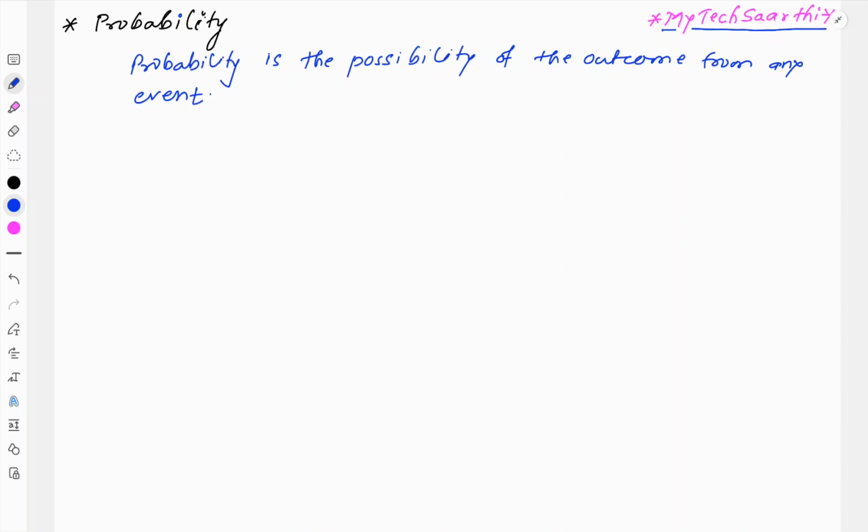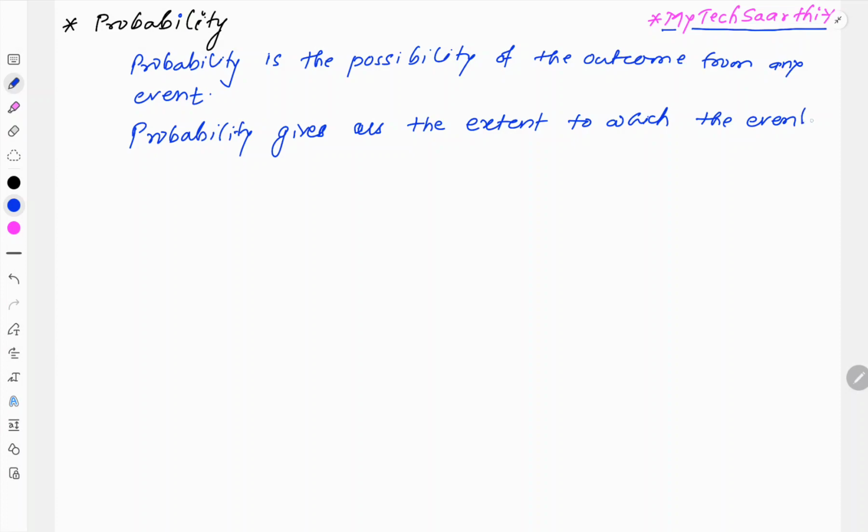So the second definition can be: probability gives us the extent to which the event is likely to happen.